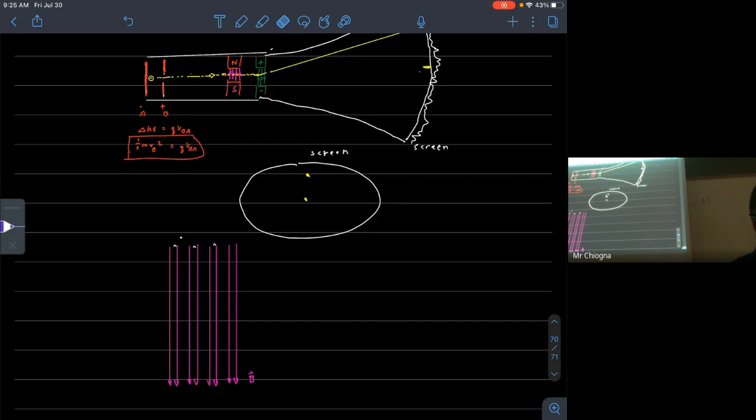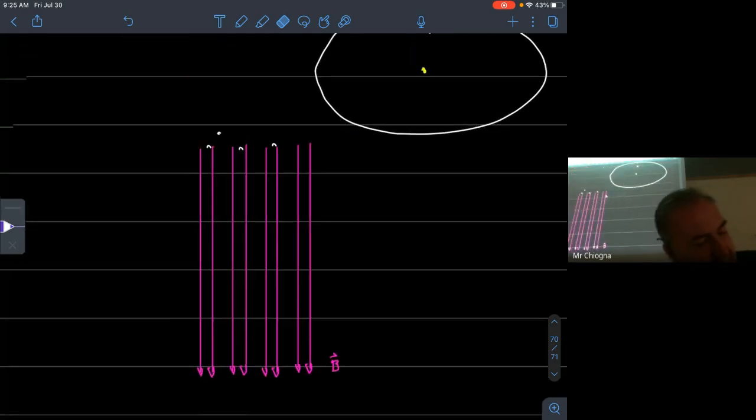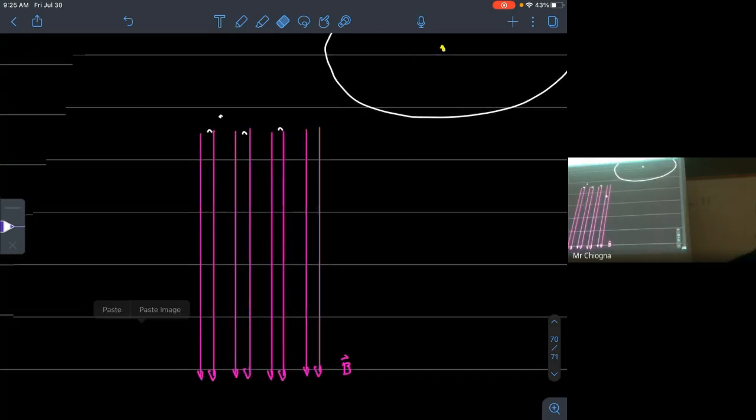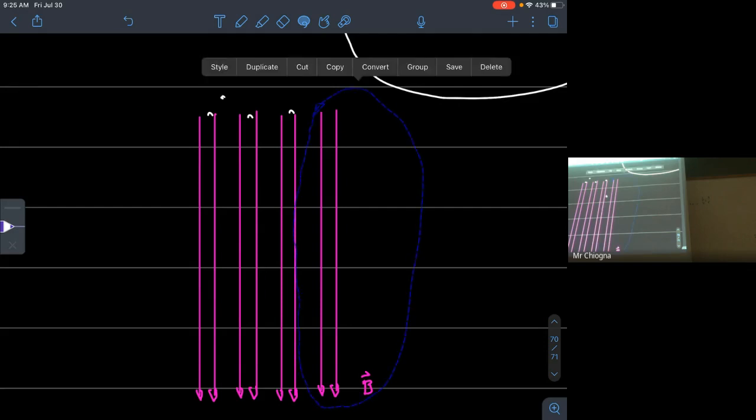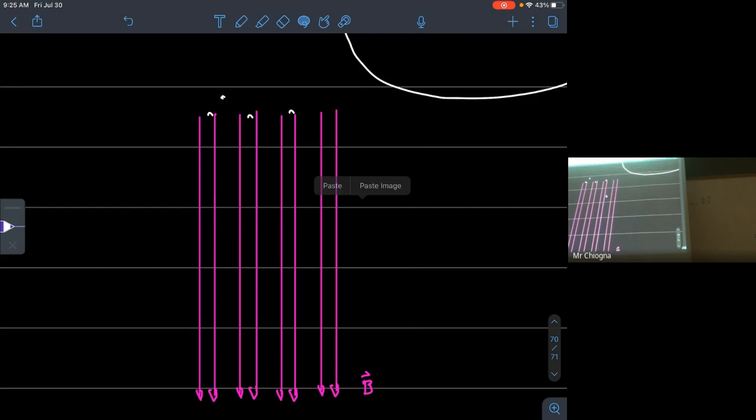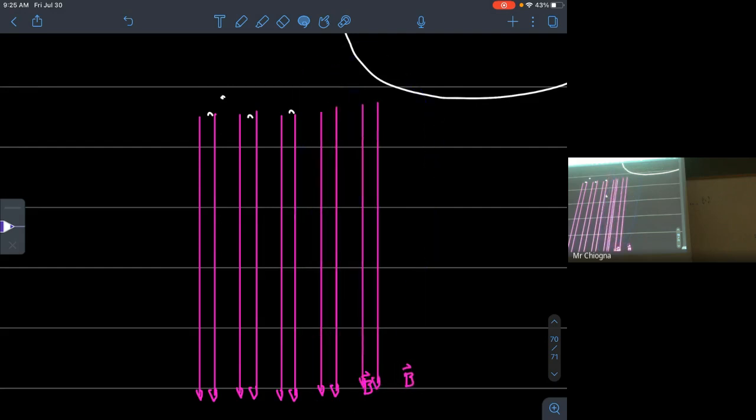Okay, so that's the magnetic field. We're zeroing in on it in general. What does a charge do when it passes through a magnetic field? Well, we talked a little bit about that already. Let's add to this.